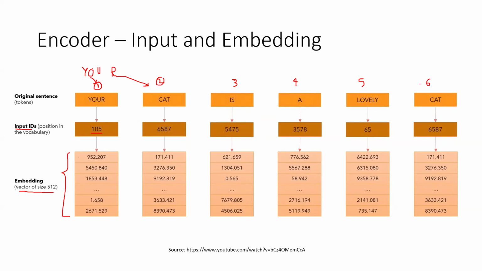This positional encoding is actually independent from the words themselves. That means whether it is "your" or "cat" or whatever, the embedding for the first position is a certain vector. The encoding for the second position is a certain vector.